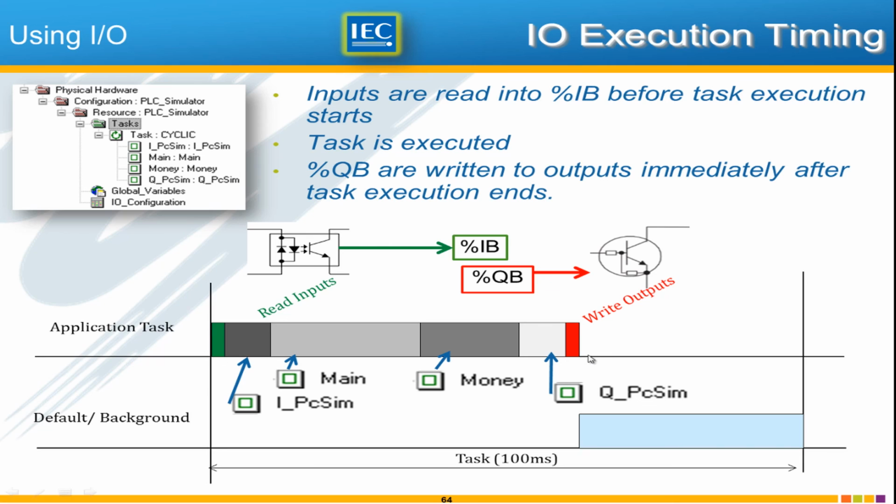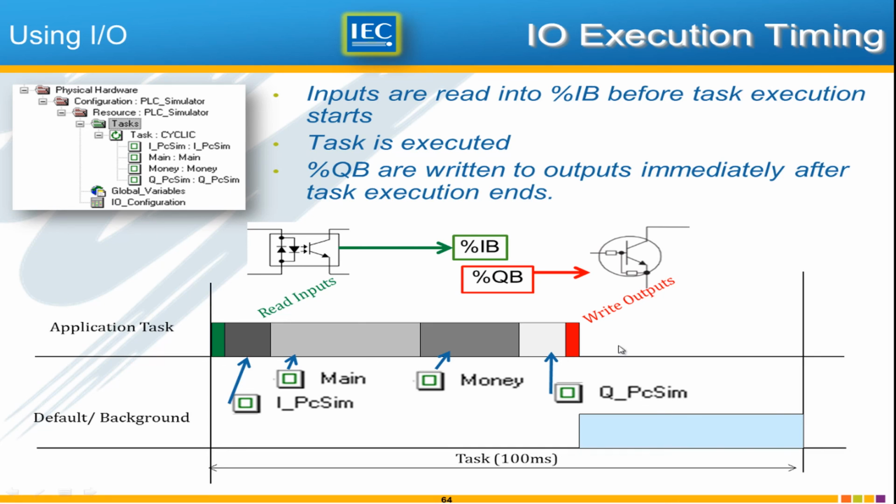And then, because of our I/O configuration, the outputs will be immediately written at the end of this last task, written into the modules. Once the task is done, the processor can go to the background task and take care of it. So this is what's happening over and over and over again. This is how PLC works. And this is how inputs and outputs relate and are configured to operate in this task.